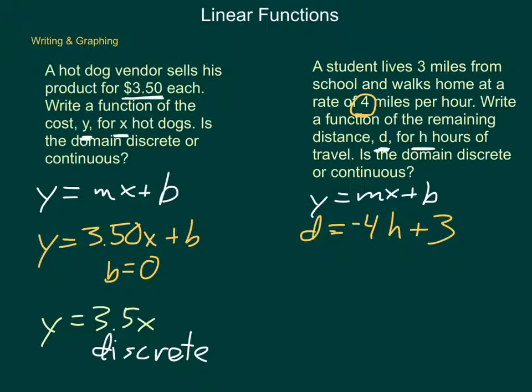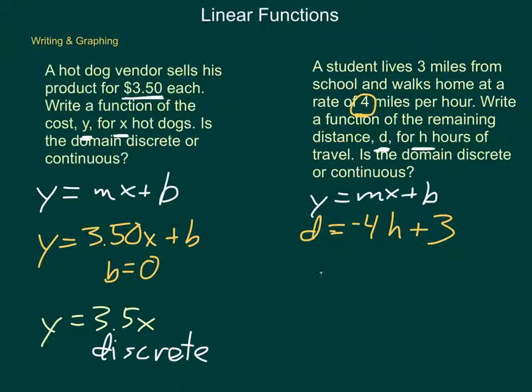Now, is this discrete or continuous? Since we're looking at the passage of time and the distances that we are away from home, we don't magically disappear from one location and reappear at another as a teleporter would. We actually do have to travel the distances in between.